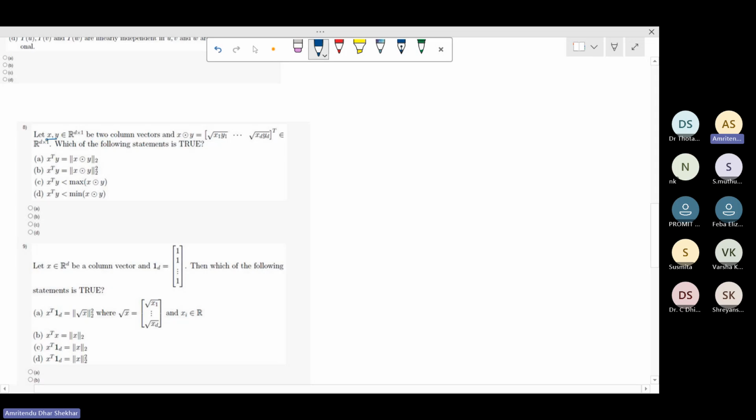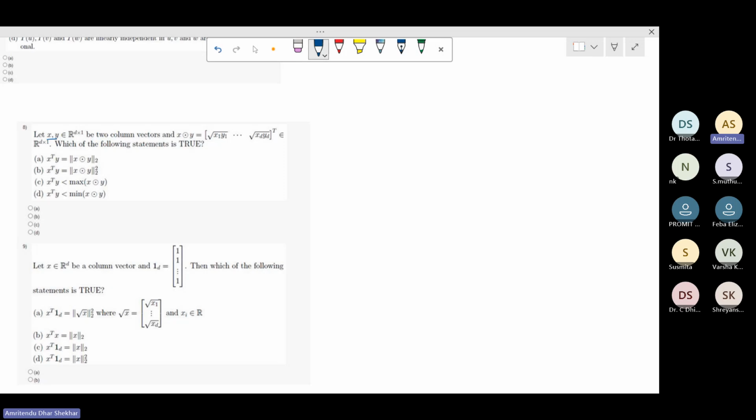There's a natural equivalence between column vectors and vectors in RD. Assuming that you take the standard basis, every vector in RD would have d components, or d coordinates. Those coordinates can be arranged in the form of a column matrix.